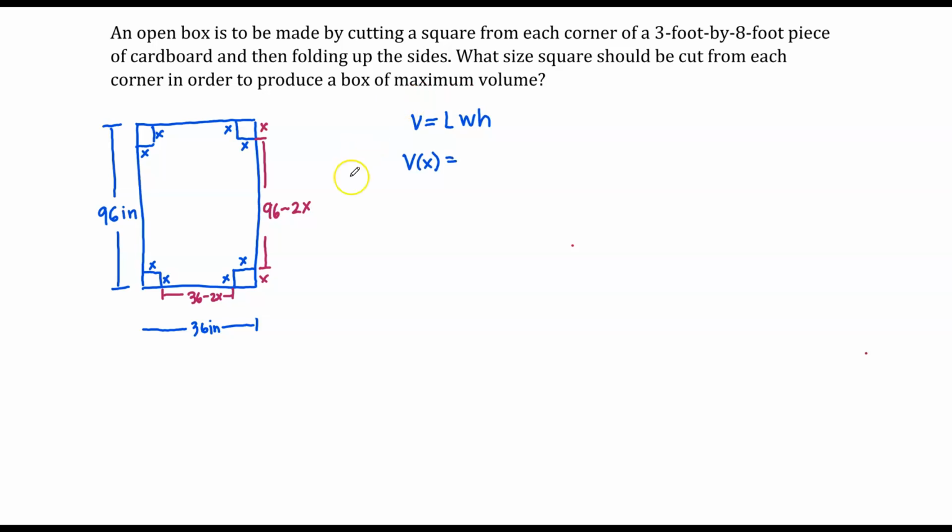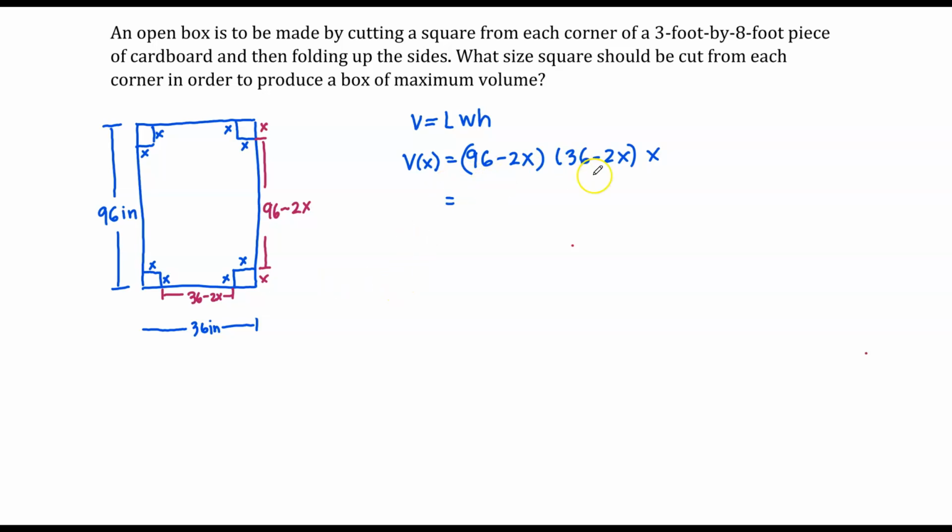Your length in terms of x is 96 minus 2x times the width, which is 36 minus 2x. And the height is x inches. And then next is to find the critical number.